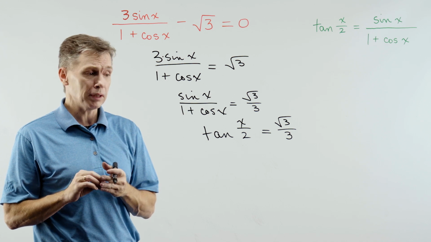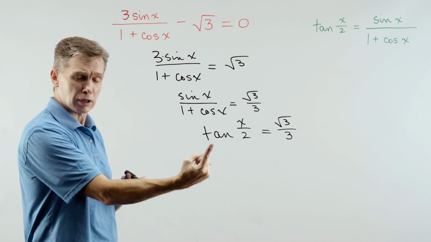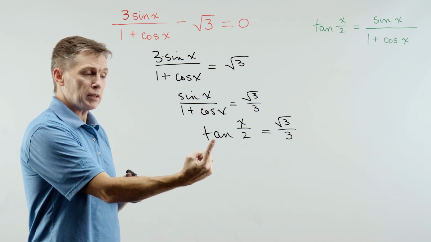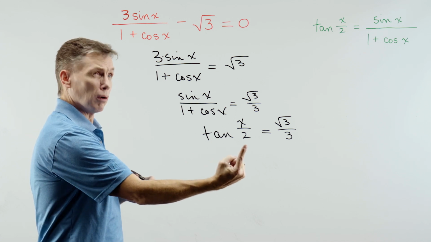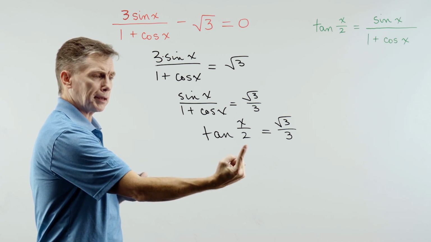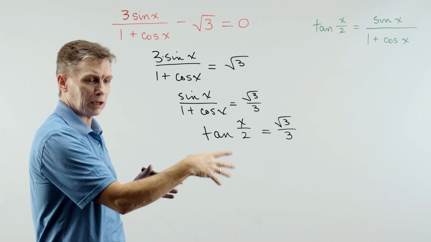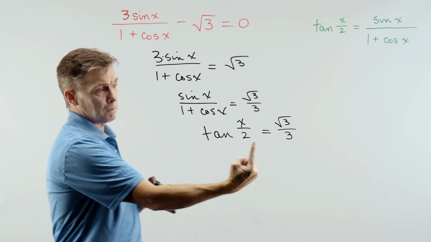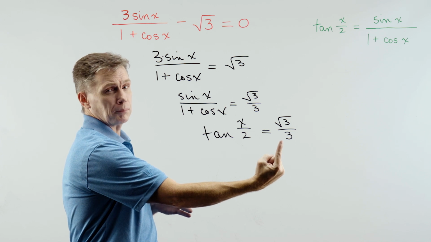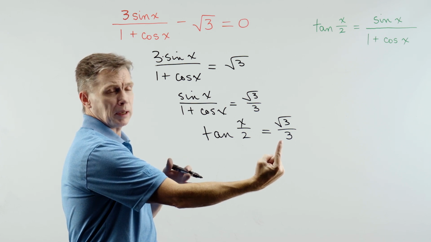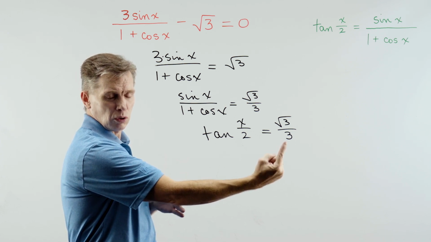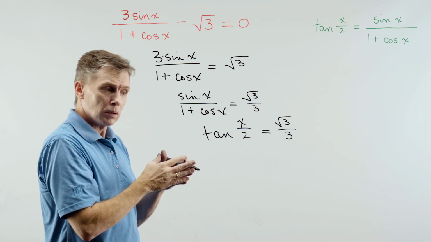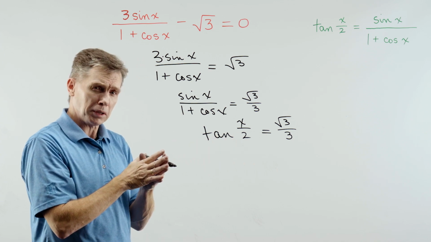Now, we're not done yet until we actually solve for x. So tangent of some angle, and I'm going to put aside for a second that the angle is actually x over 2, equals square root of 3 over 3. You've got to go back to your basics, your knowledge of the unit circle. Which angle has a tangent of square root of 3 over 3?